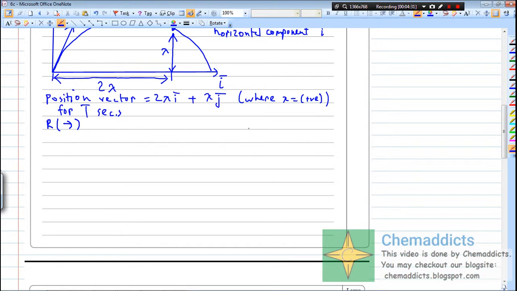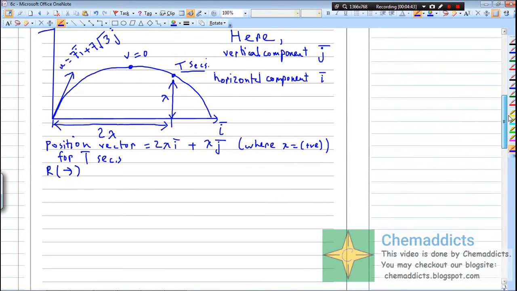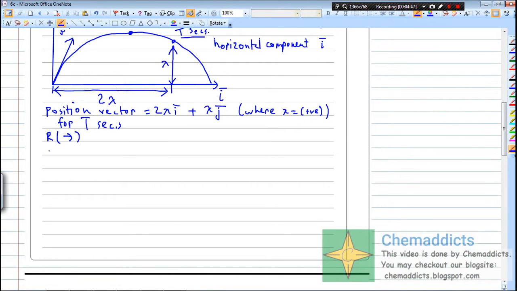Now let us first solve this according to the SUVAT equations.